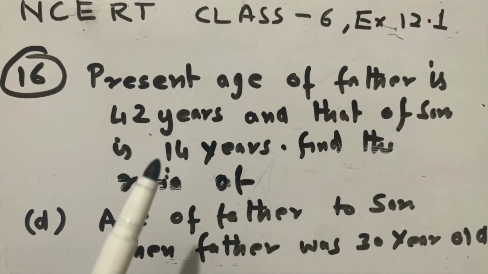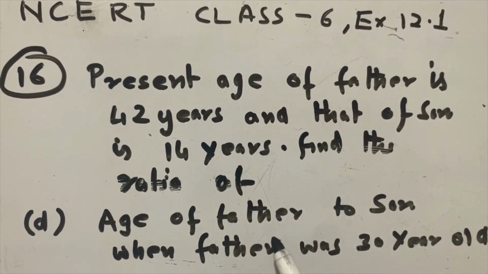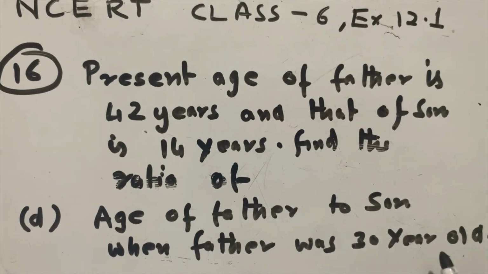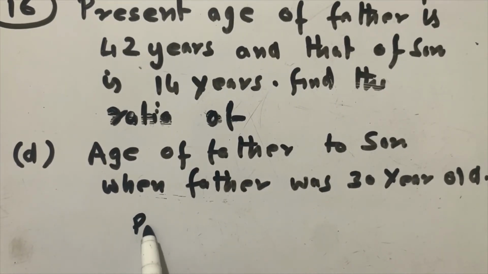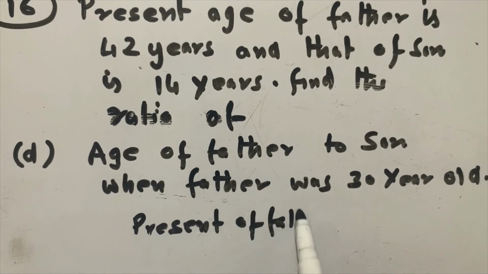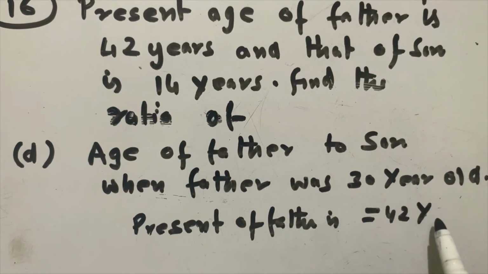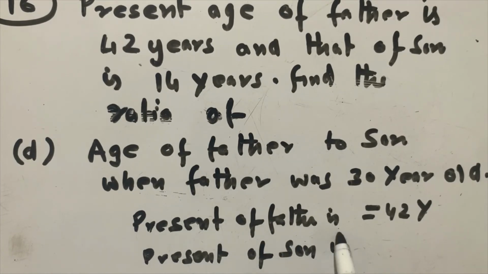Now question 16, exercise 12.1 part D. We have to find the ratio between age of father to the son when father was 30 years old. Present age of father is 42 years and present age of son is 14 years.